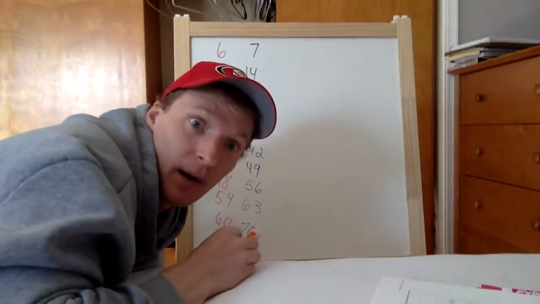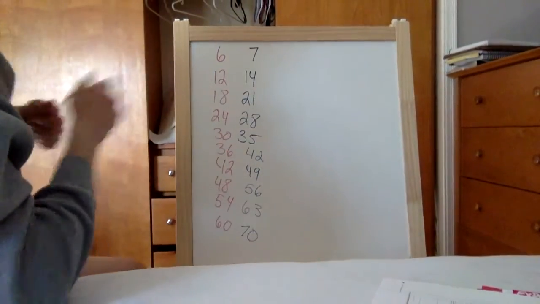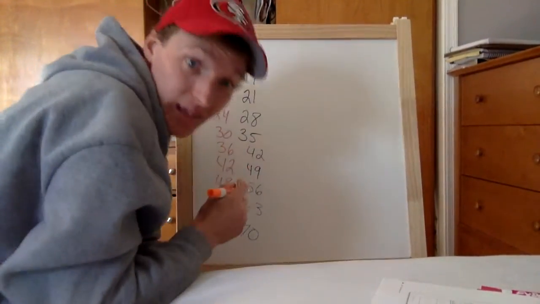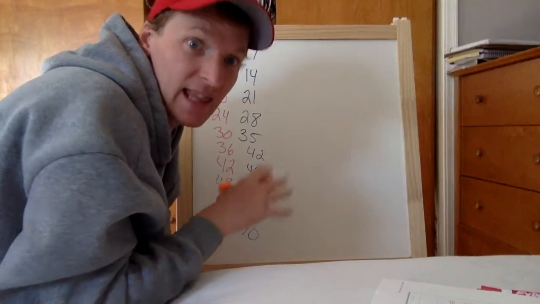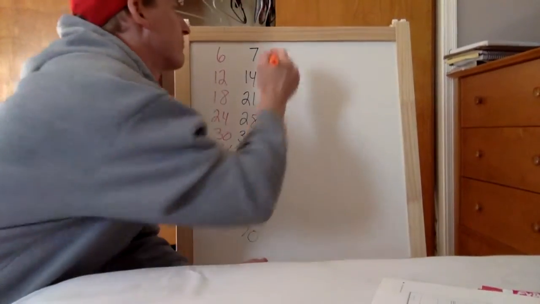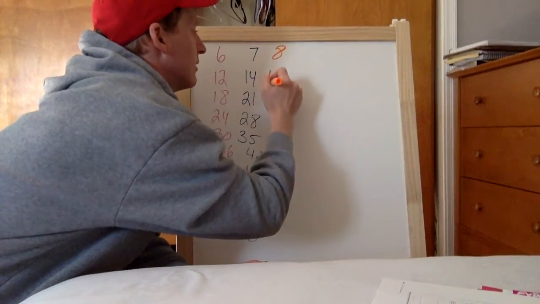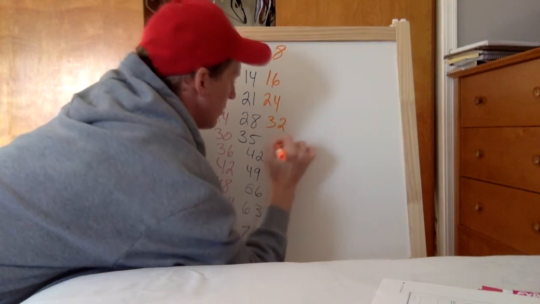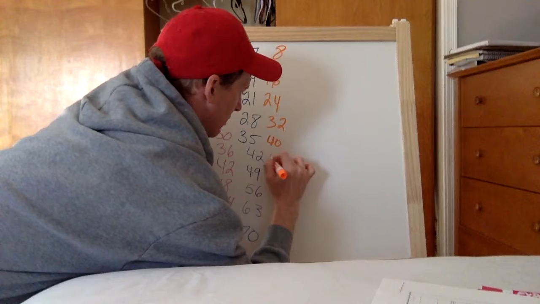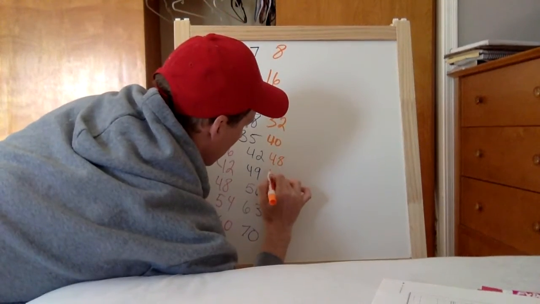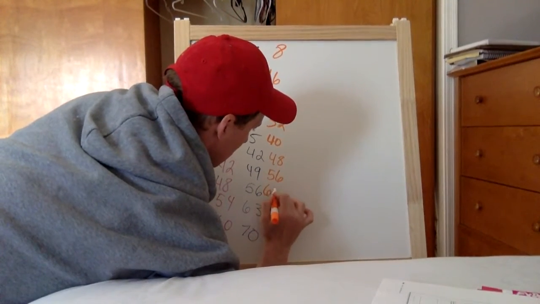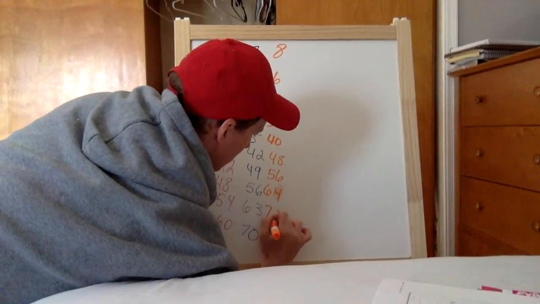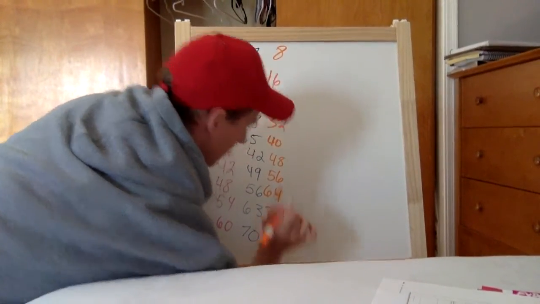Now, let's count by our 8s. Okay? This is the one that I messed up last time doing it. I think I'm going to do better at it this time. 8, 16, 24, 32, 40, 48, 56, 64, 72, 80.